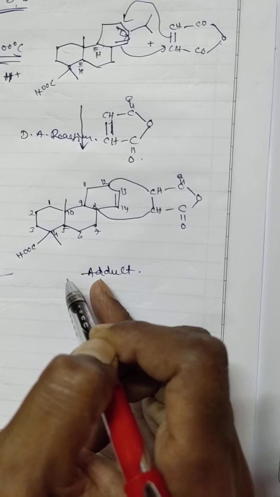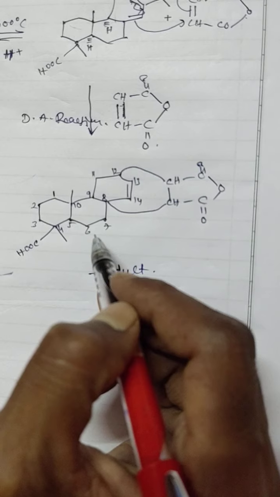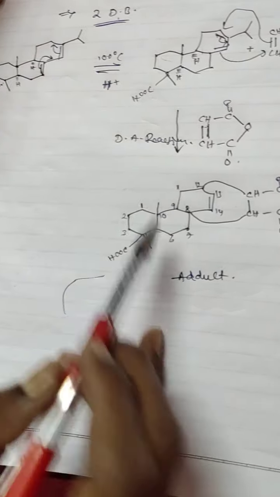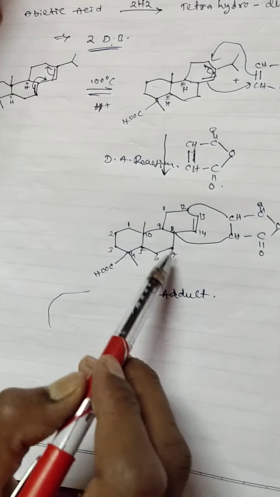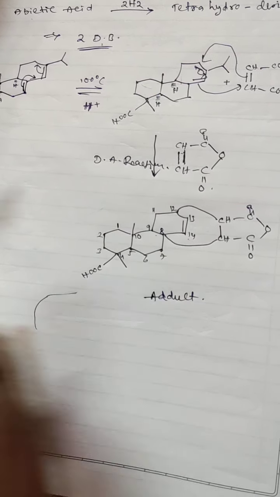Now where are the double bonds present? They may be present before rearrangement, so maybe between 7 and 8, and 13 and 14.